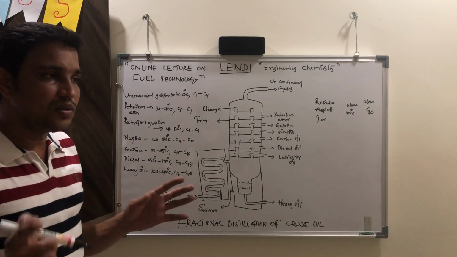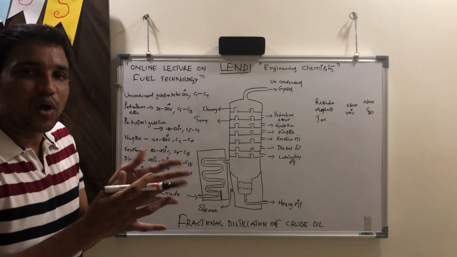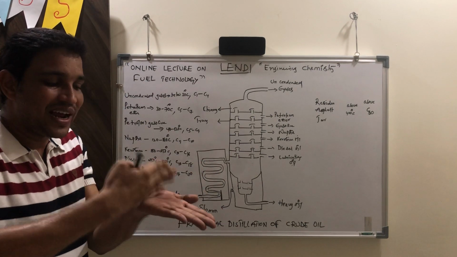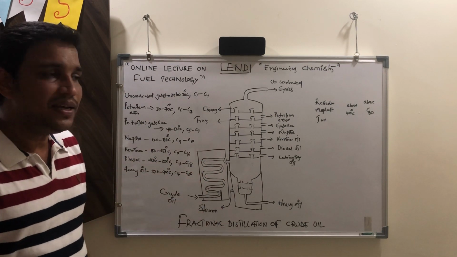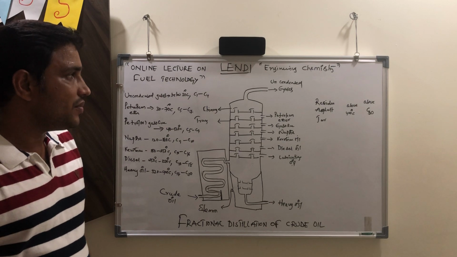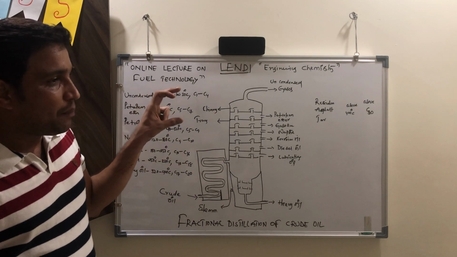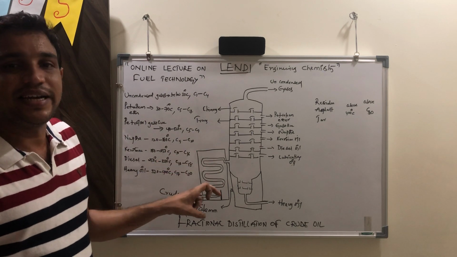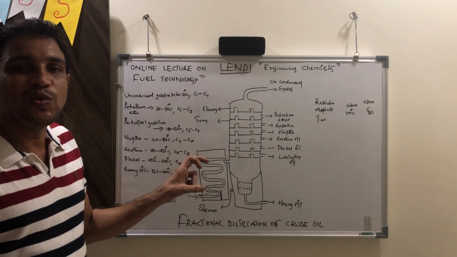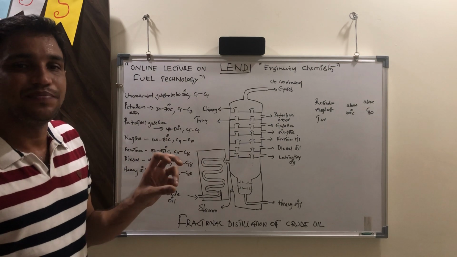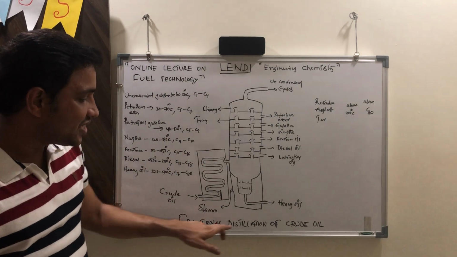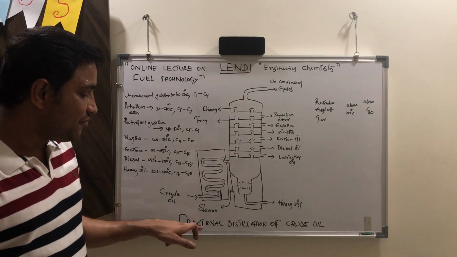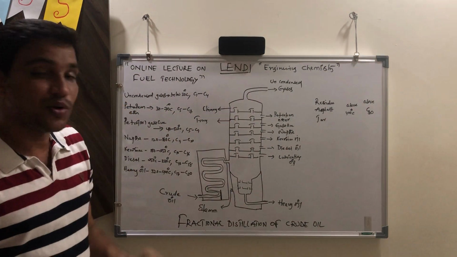So we want to utilize it in a proper way by fractionating it. The process of fractionating the crude oil into useful products is nothing but fractional distillation of crude oil.